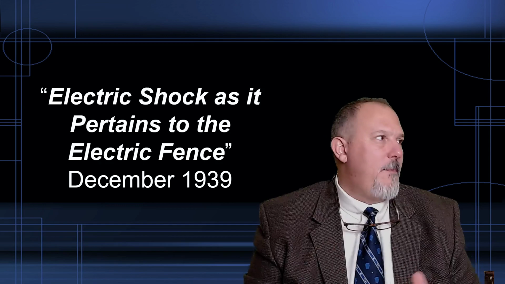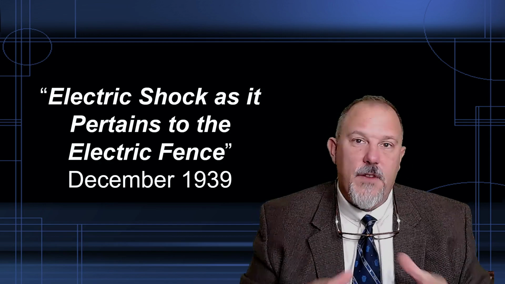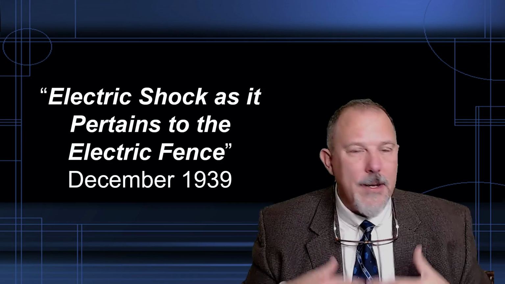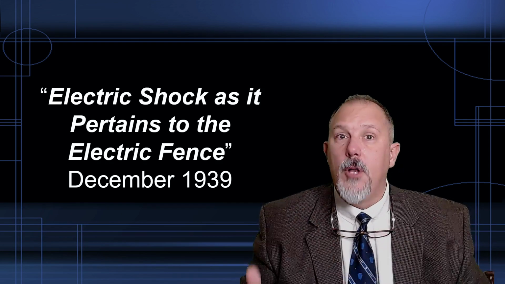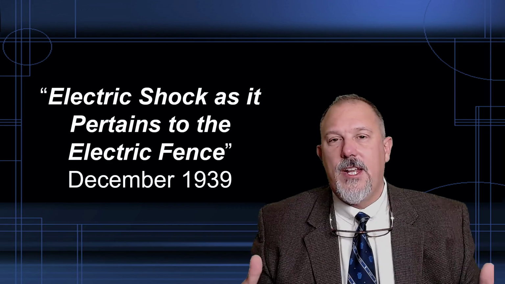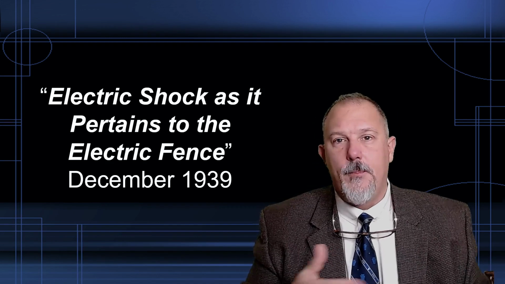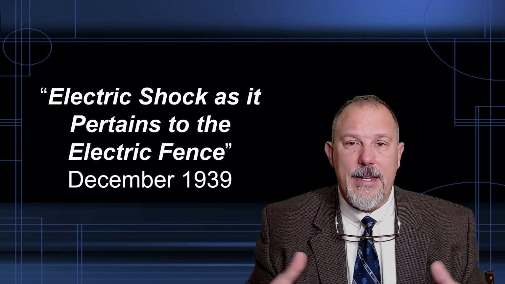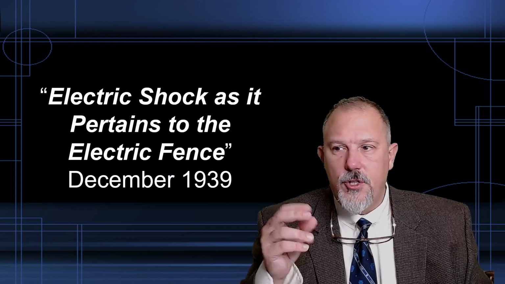What was going on back in the 30s? You've got farmers who get electricity into the barns. They're powering lights, blowers, fans and motors. And someone said at some point, hey, if I put a couple of light bulbs and run a wire around an area, I can keep the cattle in because I can reduce the current.